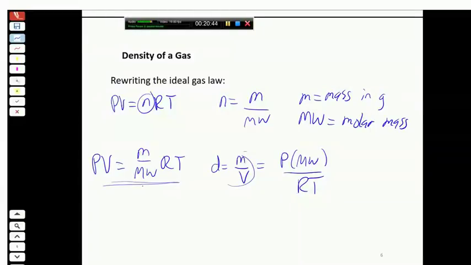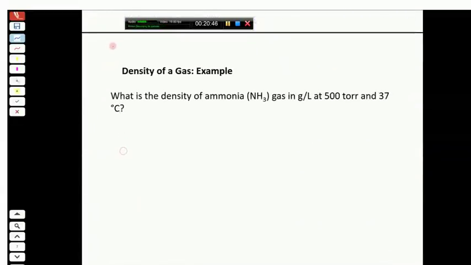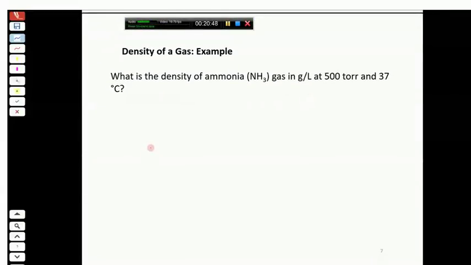All right, so the way we use this would be a straightforward example: if we have a sample of ammonia gas and we want to know the density at 500 torr and 37 degrees Celsius. If we're just calculating density, we use this equation: pressure times molar mass divided by RT.